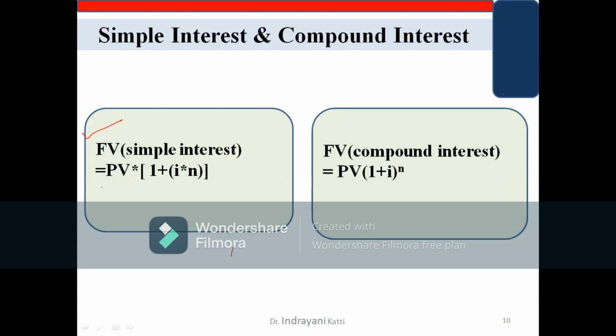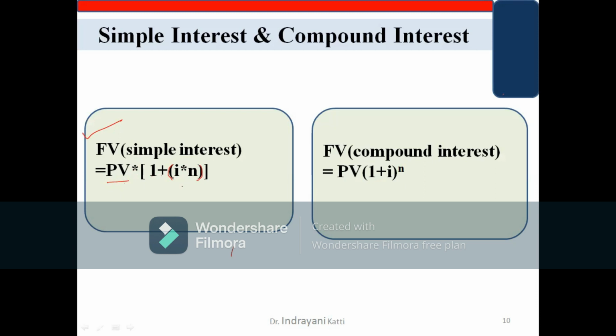The formula here is future value equals present value multiplied by (1 plus i multiplied by n), written in brackets, where i, the rate of interest, is multiplied by the number of years.